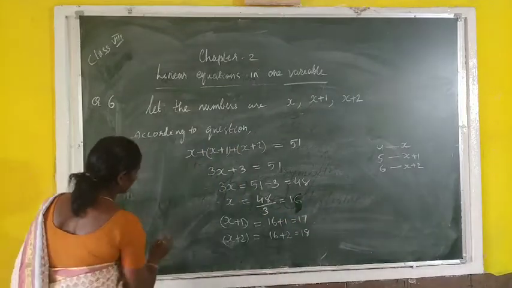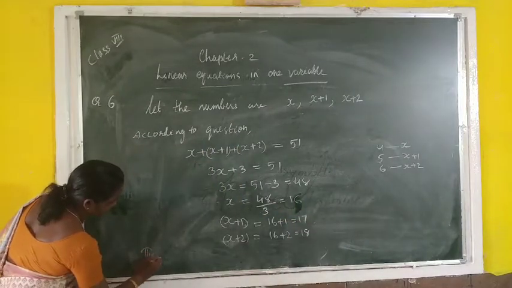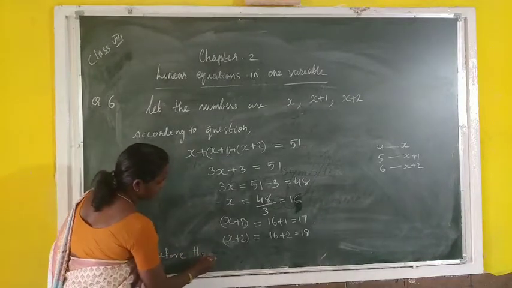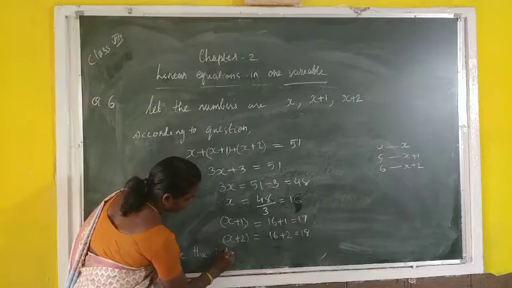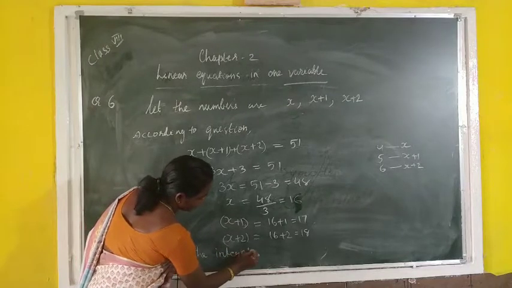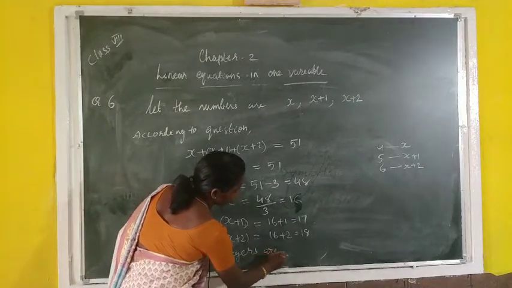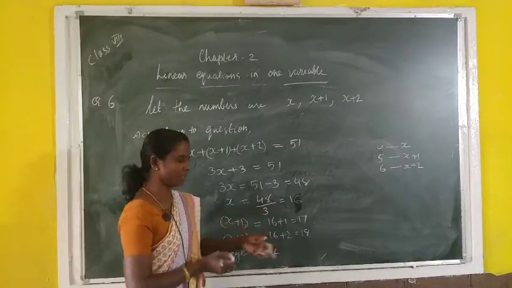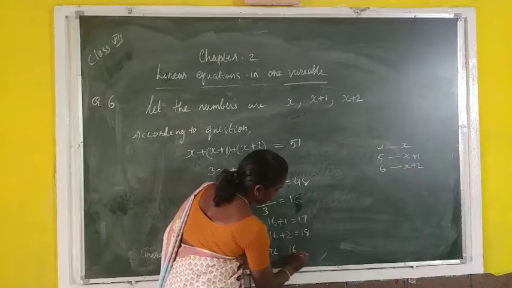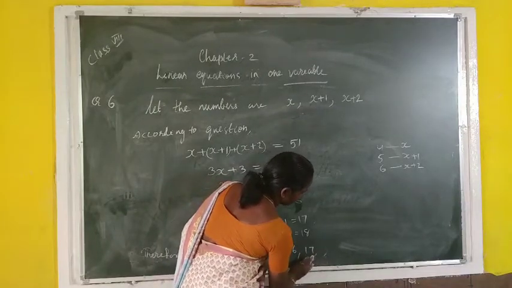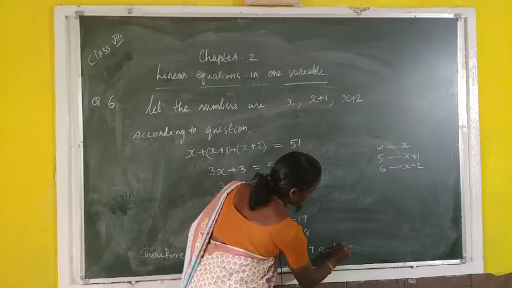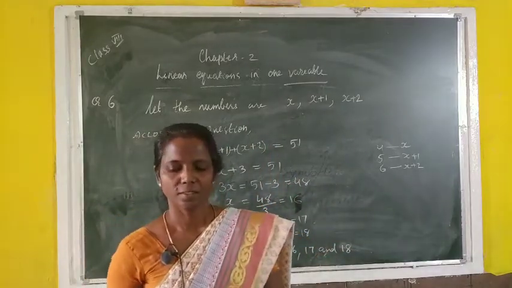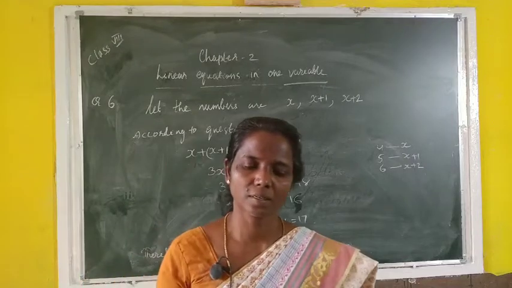So we can write it. Therefore, the integers are 16, 17 and 18. Is it clear?